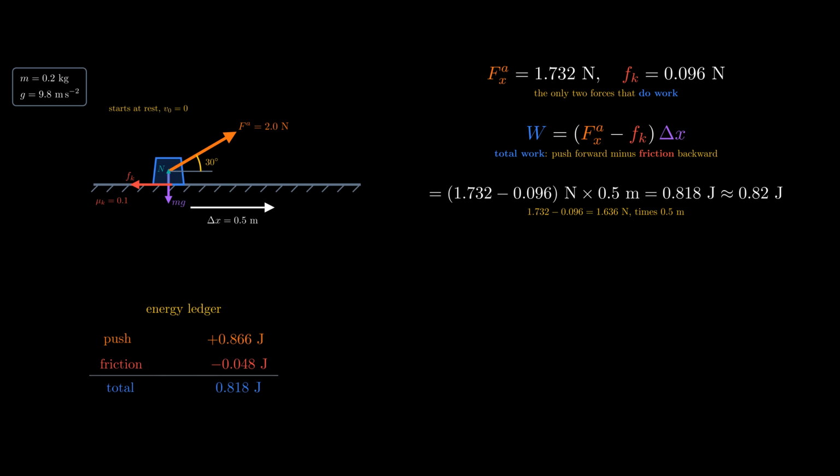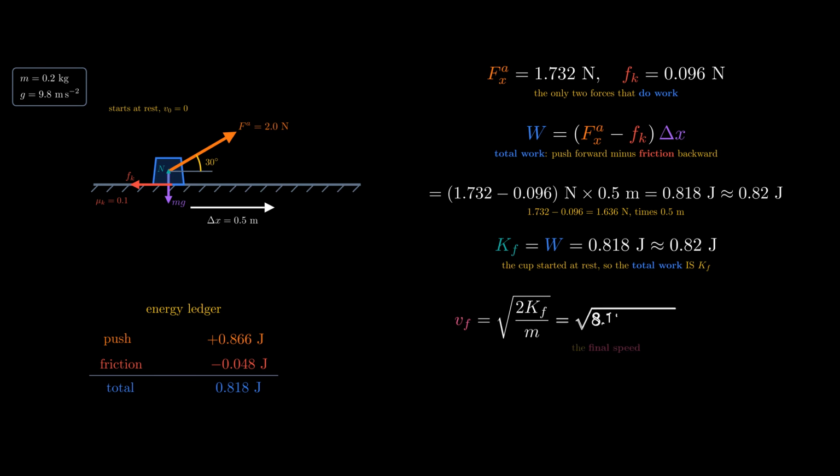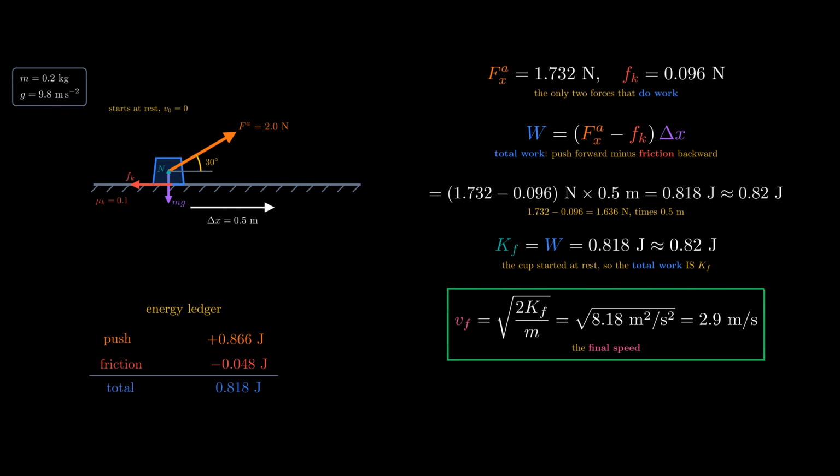Since the cup started from rest, the theorem says that number is the final kinetic energy. K_f equals 0.818 joules, 0.82 to two significant figures. The speed follows. v_f equals the square root of 2K_f over m, the square root of 8.18 meters squared per second squared, about 2.9 meters per second.